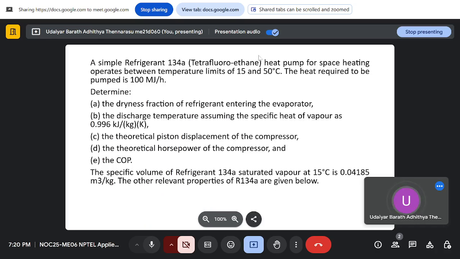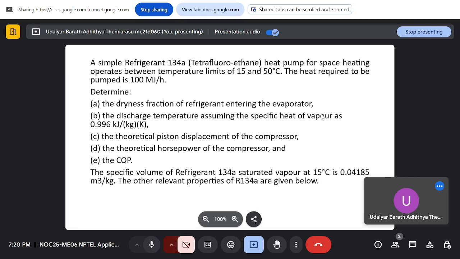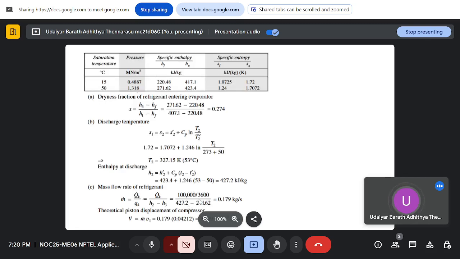Since this is a heat pump, you have to take it at the condenser, so H2 minus H3, that is your heat pump application. So this is your load. 427.2 minus 271.62 gives you 0.179 kg per second. So this is the mass flow rate. If you multiply with the specific volume, you will get the piston displacement volume.